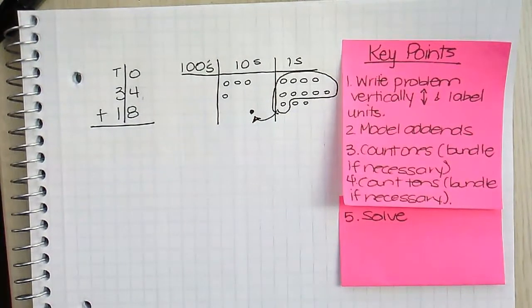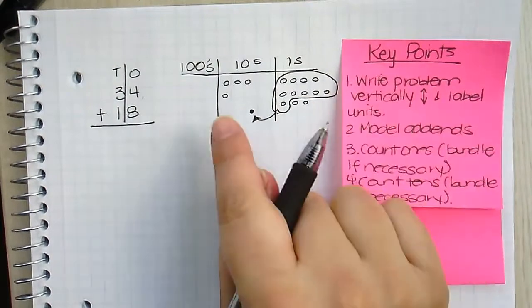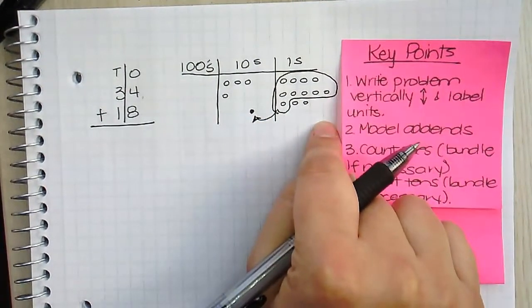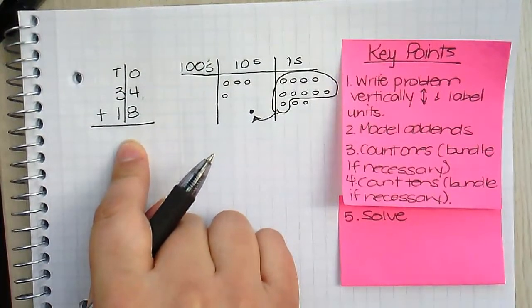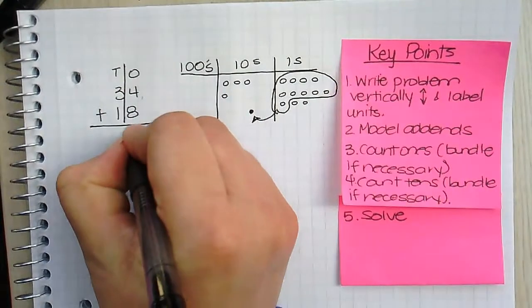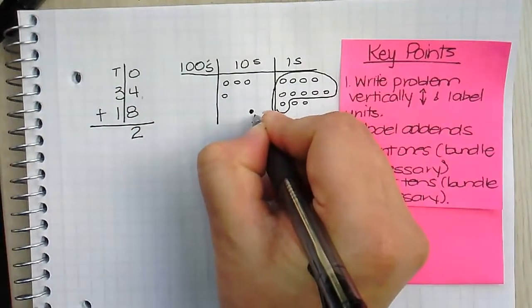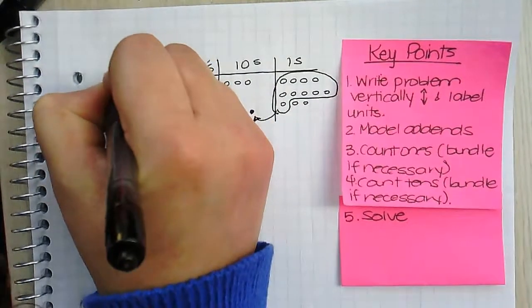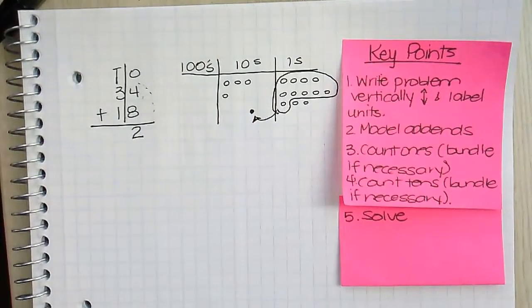We're renaming 12 ones as 1 ten and 2 ones. So I need to make sure I show it here. I have 2 left over in the ones place, and this one that I bundled, I carry over to the tens place.